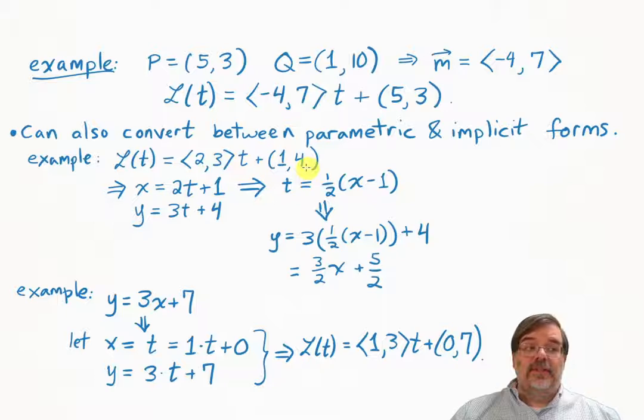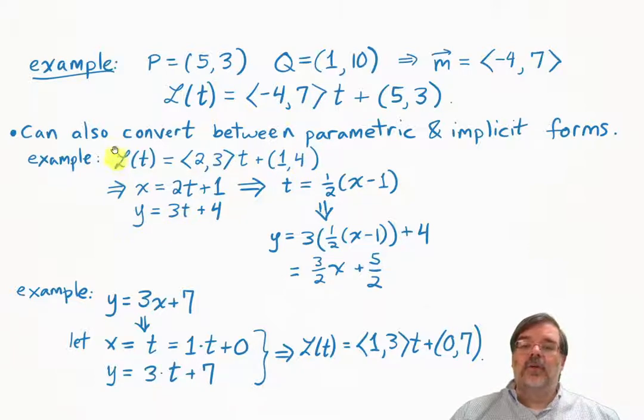Well, first, separate that out into two equations, as we saw in the previous slide. The x is the first component, so x is 2 times t plus 1. The y, the second component, is 3 times t plus 4.